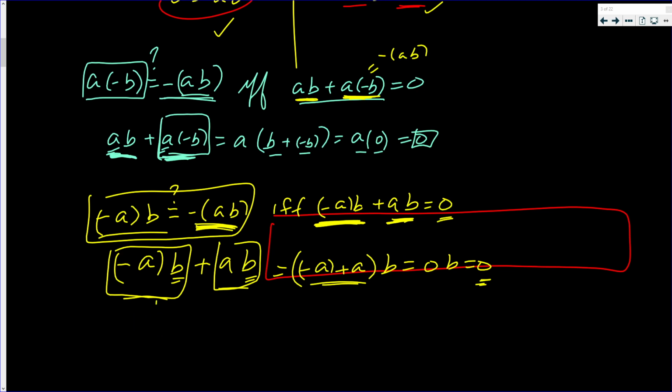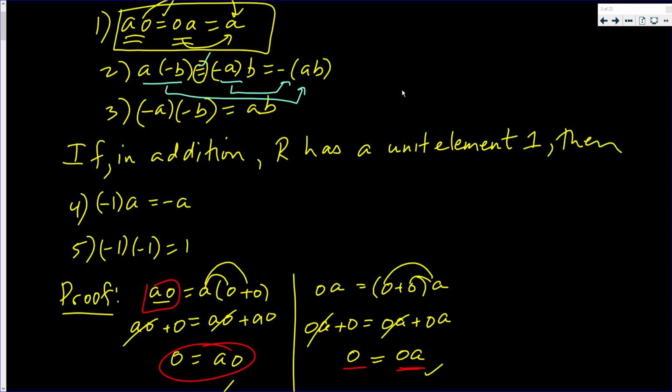And I also showed one other thing. I showed that a times negative b and negative a times b both equal negative ab. That is, they equal one another as well. Maybe I should formally state that.